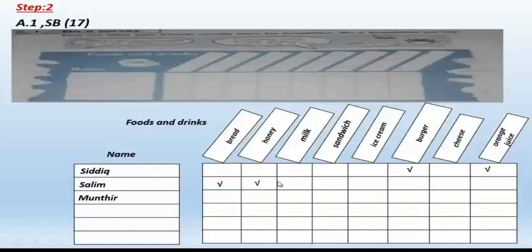Honey, that's right. A glass of milk, okay, that's right. Mundir, what do you usually have for breakfast? A sandwich? Ice cream? Okay, that's right. Now, I want you to complete the chart for your friends.